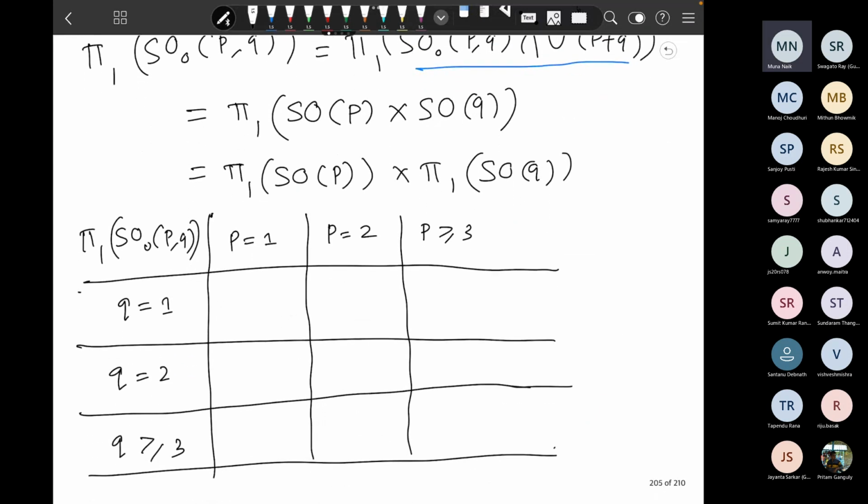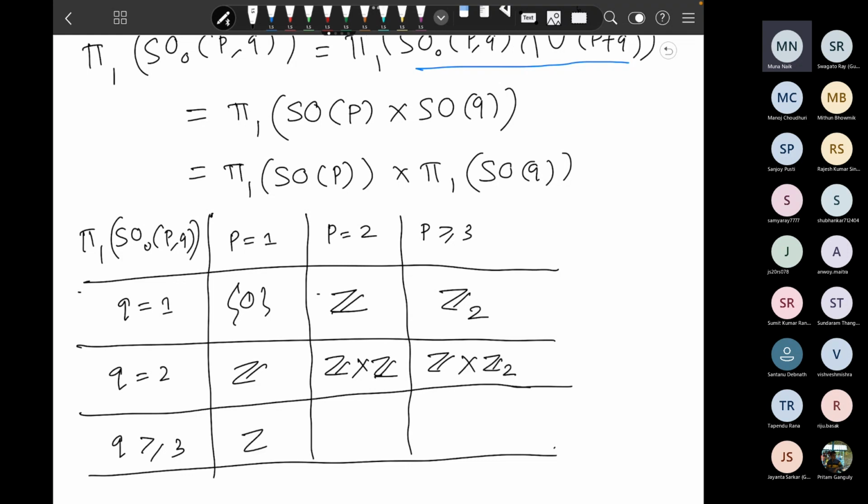If P is equal to 1, Q is equal to 1, you get 0. P is equal to 2, Q is equal to 1, you get Z. P greater than or equal to 3, Q is equal to 1, you get Z2. P is equal to 1, Q is equal to 2, you get Z. P is equal to 2, Q is equal to 2, you get Z cross Z. Q is equal to 2, P greater than or equal to 3, you get Z cross Z2.